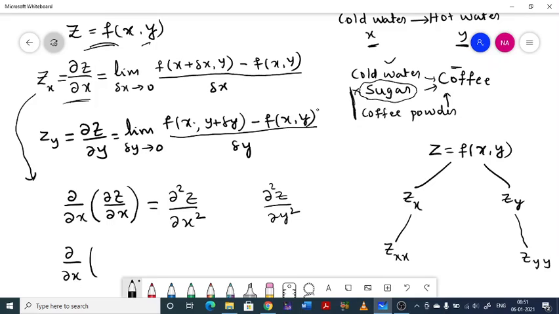You can write this as dou square z by dou y dou x. I got a mixed derivative because this involves both the independent variables. So this is called the mixed derivative z y x. Similarly, if you consider z y and differentiate that with respect to x, you get z x y.